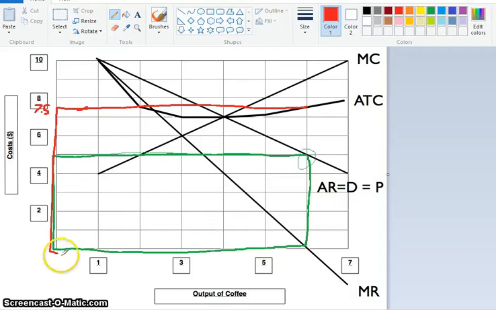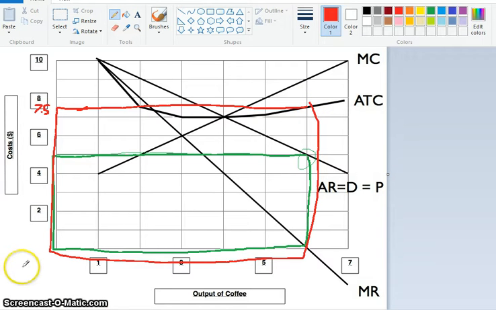So this big red box now is 45. So let's see here. If I take 30 and I subtract 45, I should get negative 15, right? And let's just double check here.